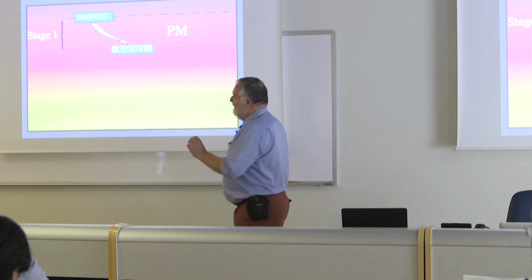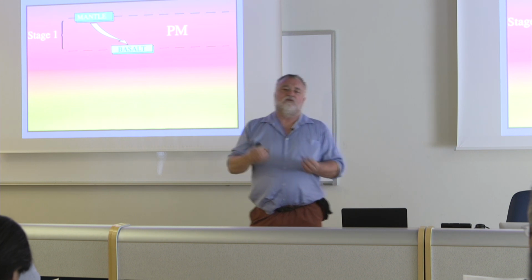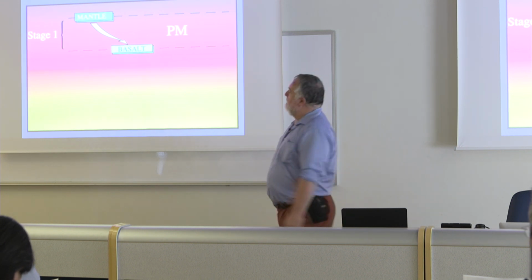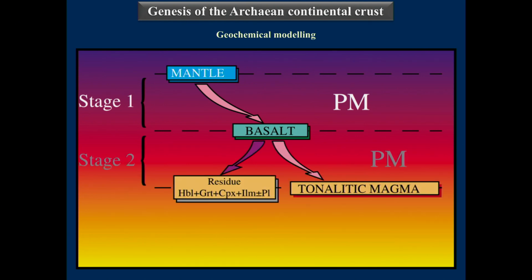I will not explain all the chemical modeling and so on. I will only give you the result of this modeling. The result is that these rocks were produced by two stages of melting. The first one is melting of the mantle, and the melting of this mantle produces basalts. And in a second step, if the basalt enters a subduction zone, this basalt at high temperature will melt and give a tonalitic magma.